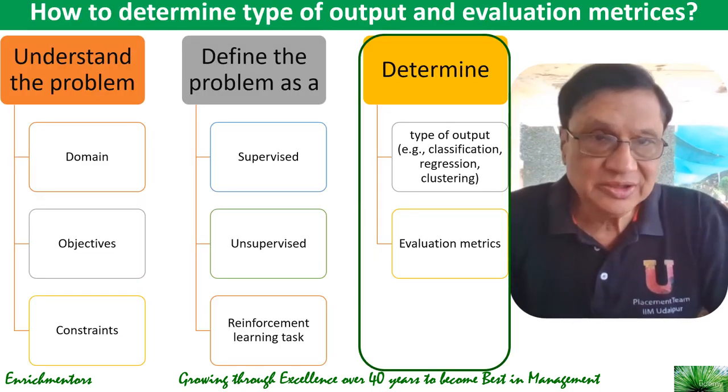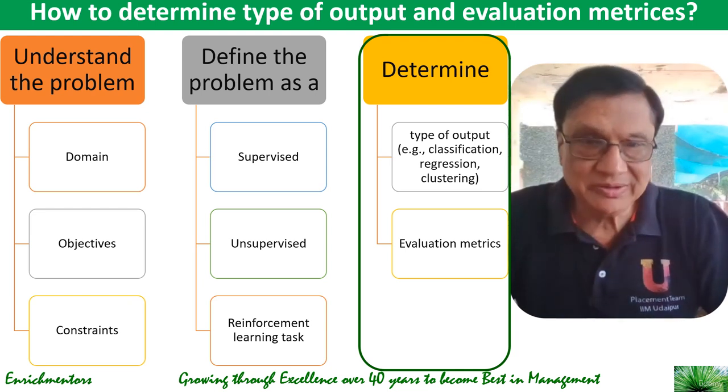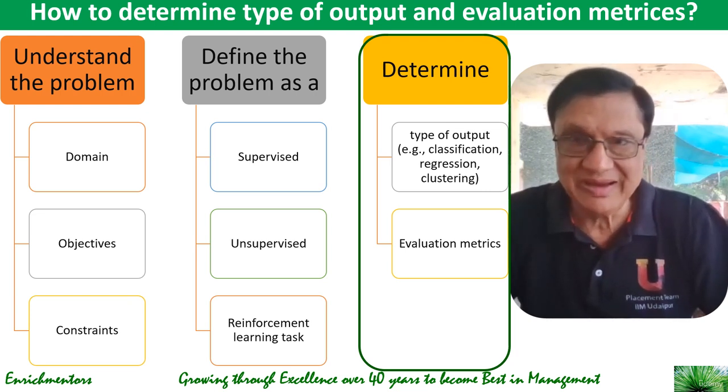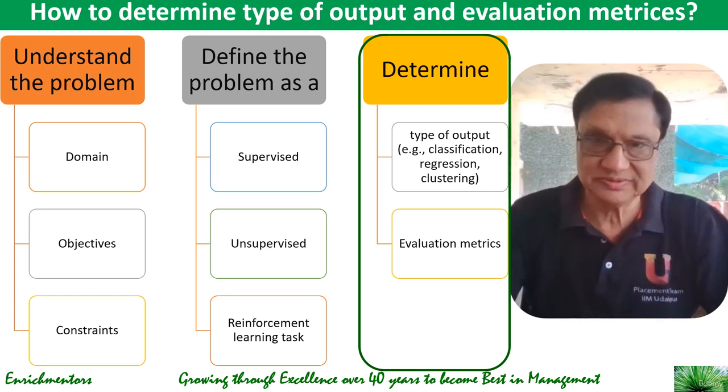So, after having understood the problem and defined the problem, as you see here, the next step is to determine the type of output and the evaluation metrics. Any thoughts?